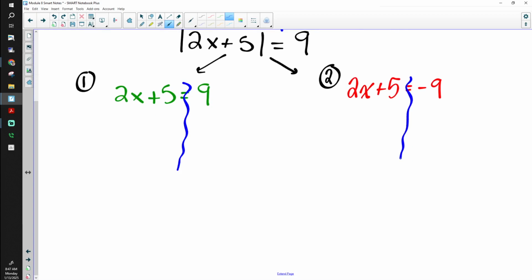Okay, check your two cases. Do they look like this? 2x plus 5 equals 9, and 2x plus 5 equals negative 9.